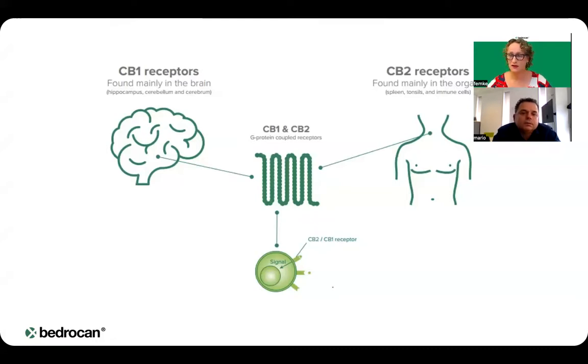One is found mainly in the brain, and one is mainly found in the immune system. Here in the middle, you see the typical seven transmembrane helices of these receptors. That's typical for this class. And as I said, the CB1 receptor is expressed in all different types of brain regions.